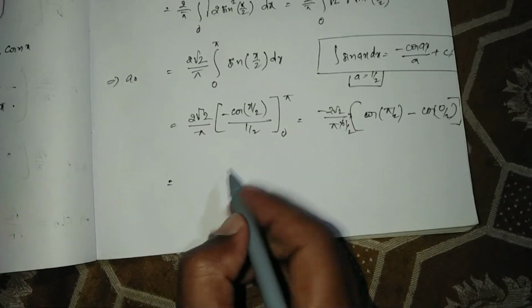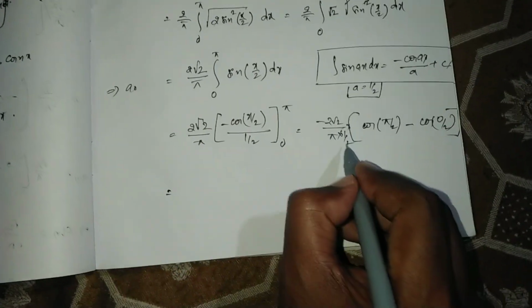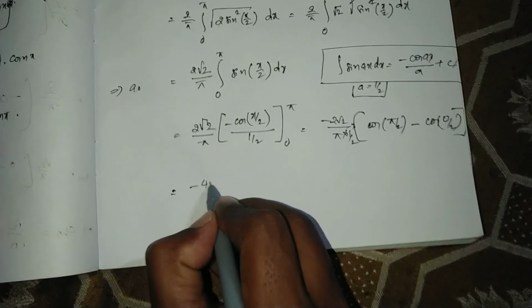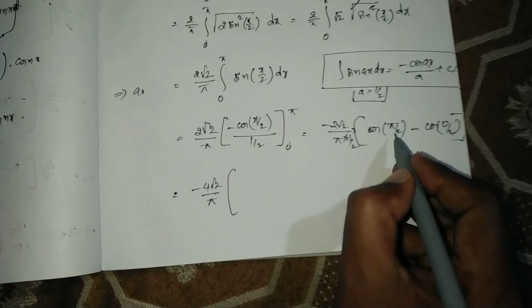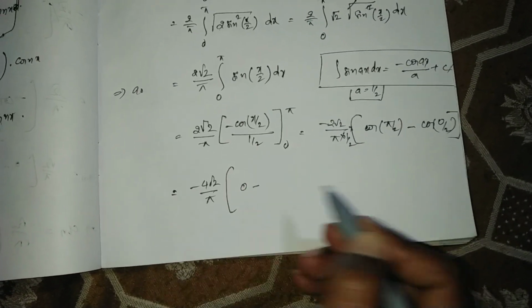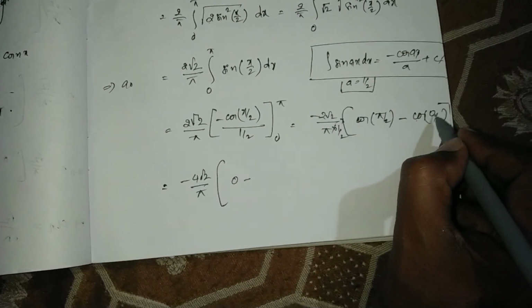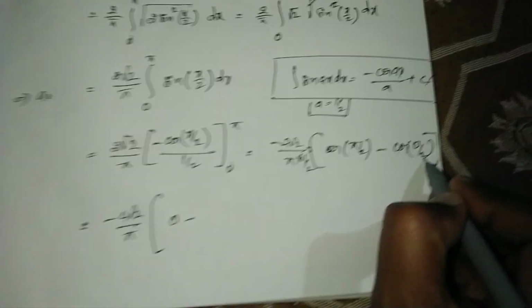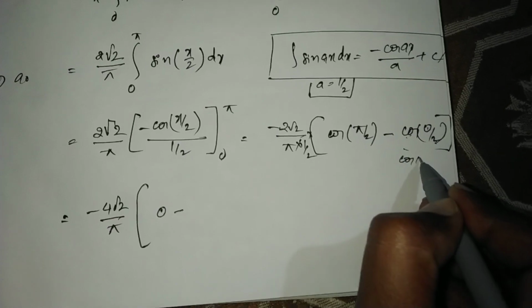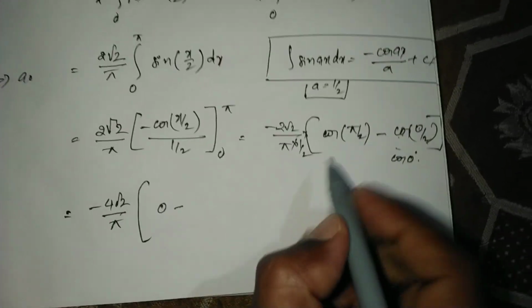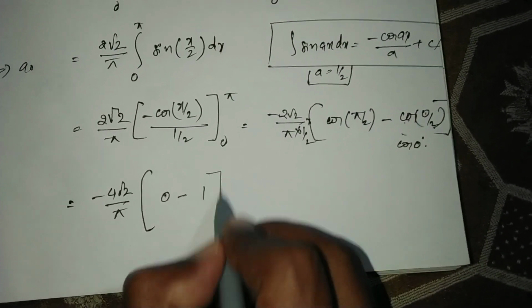That is equal to, 2 twos are 4, negative 4 root 2 by pi whole into cos pi by 2, which is 0, minus cos 0, which is 1.